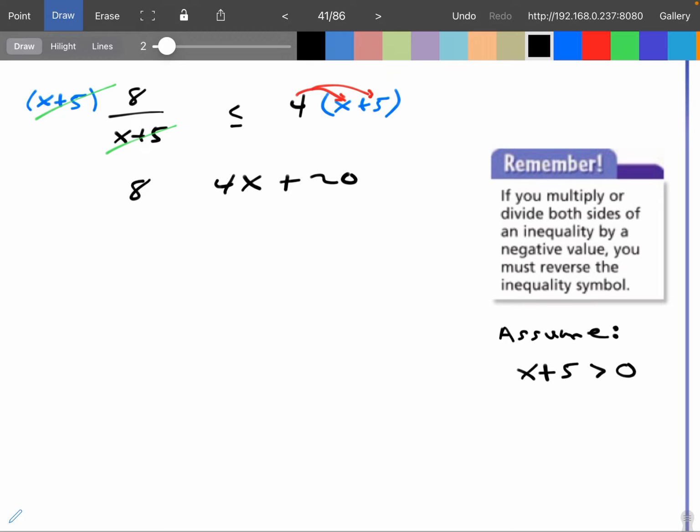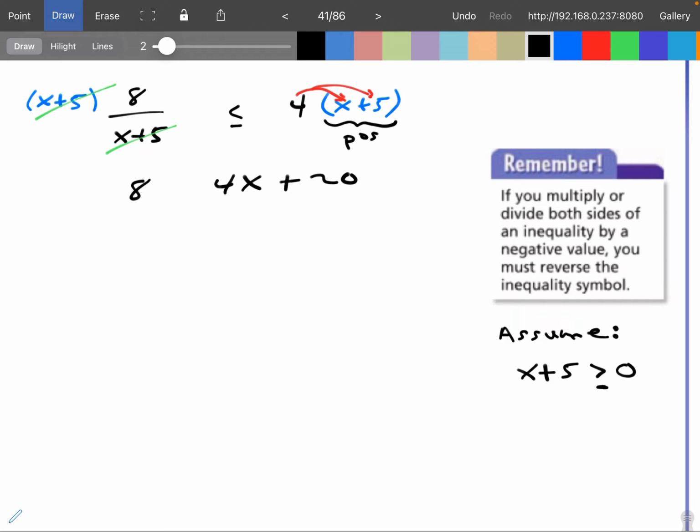Okay? We're assuming that that quantity is positive. So again, this thing right here, I'll put a little note here. This thing is positive. That's what it means when I write that it's greater than 0. Okay, so that quantity is positive.